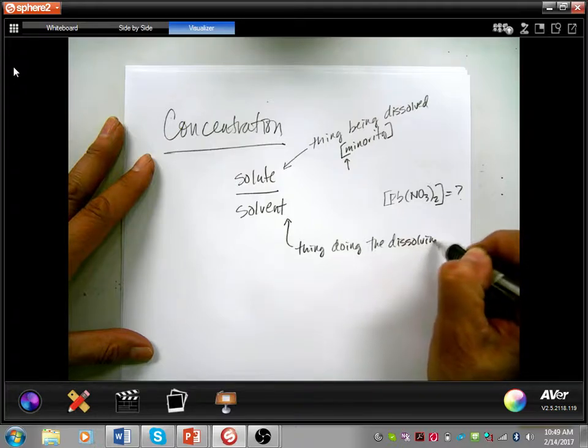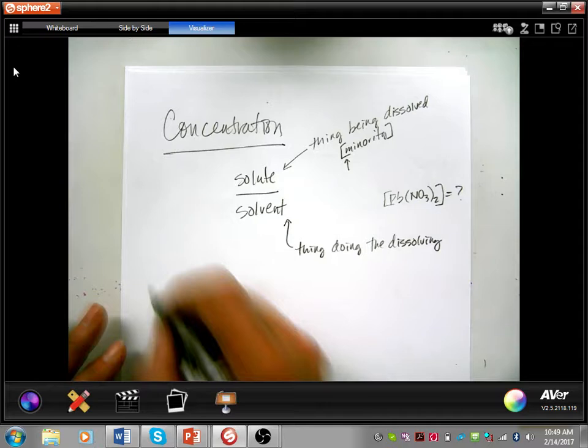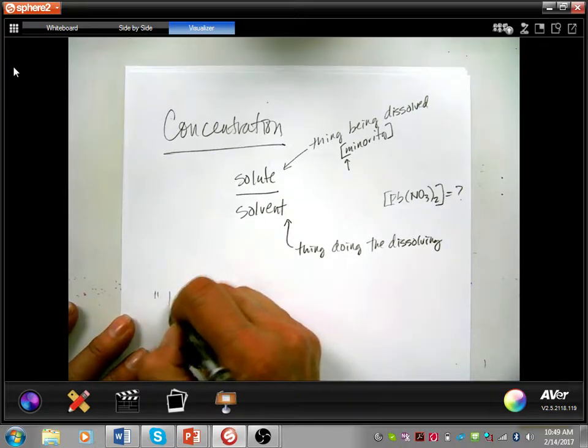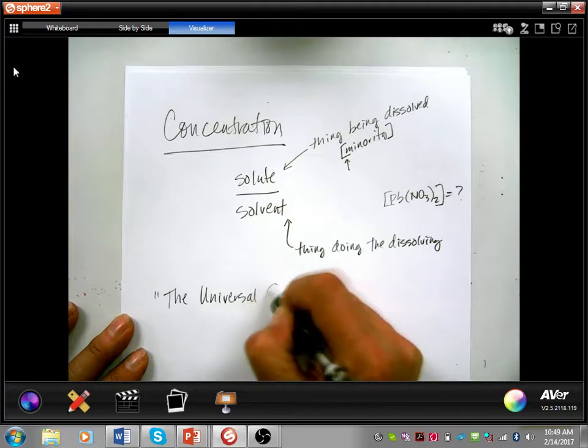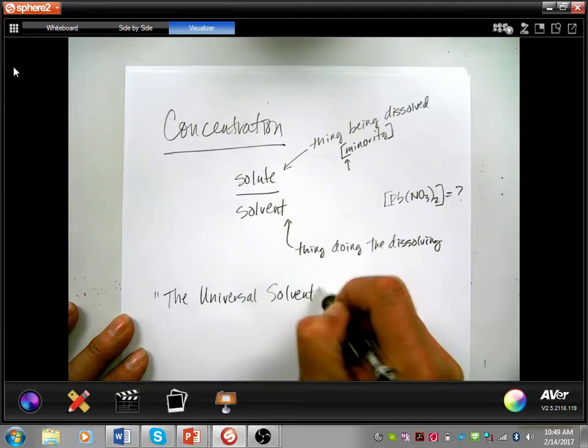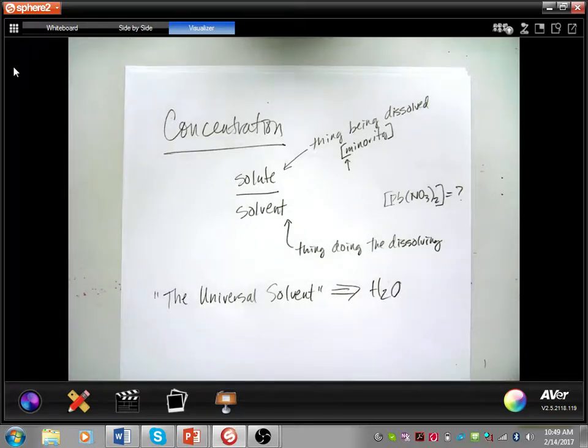Now we're used to good old H2O being our solvent, and they call water the universal solvent. Why do you suppose they call good old H2O the universal solvent?